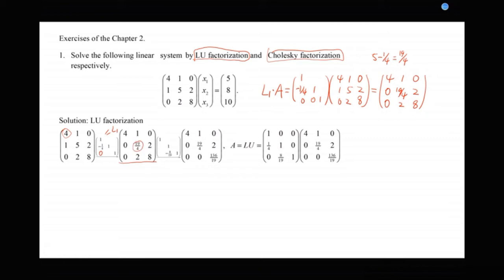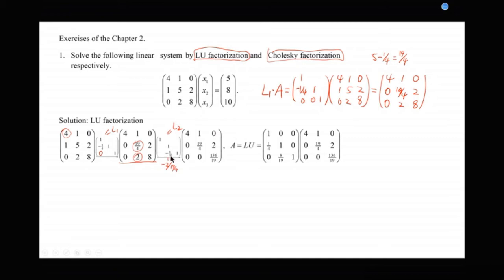So you just need to write this matrix L2: 1, 1, 1, with only one multiplier. This multiplier equals minus 2 divided by 19 over 4, so reversed, it is minus 8 over 19.